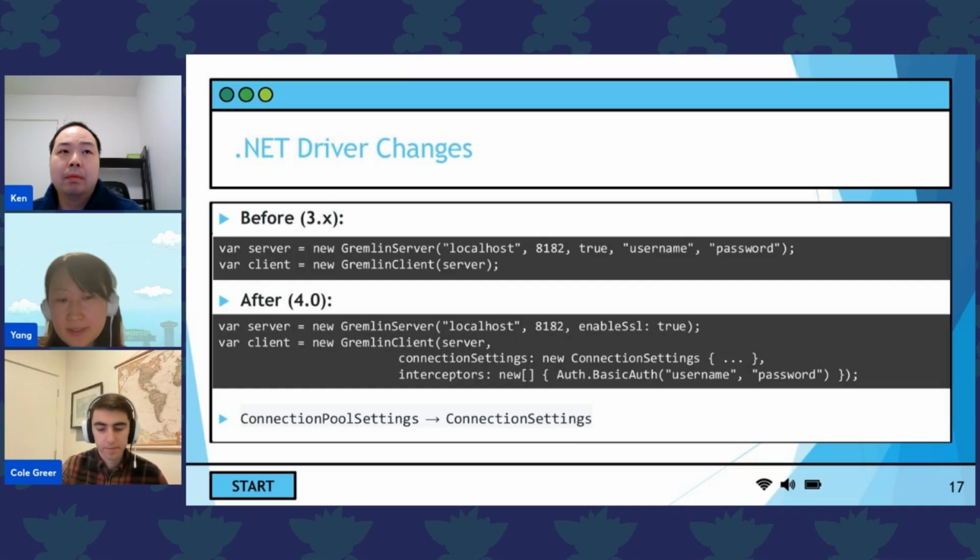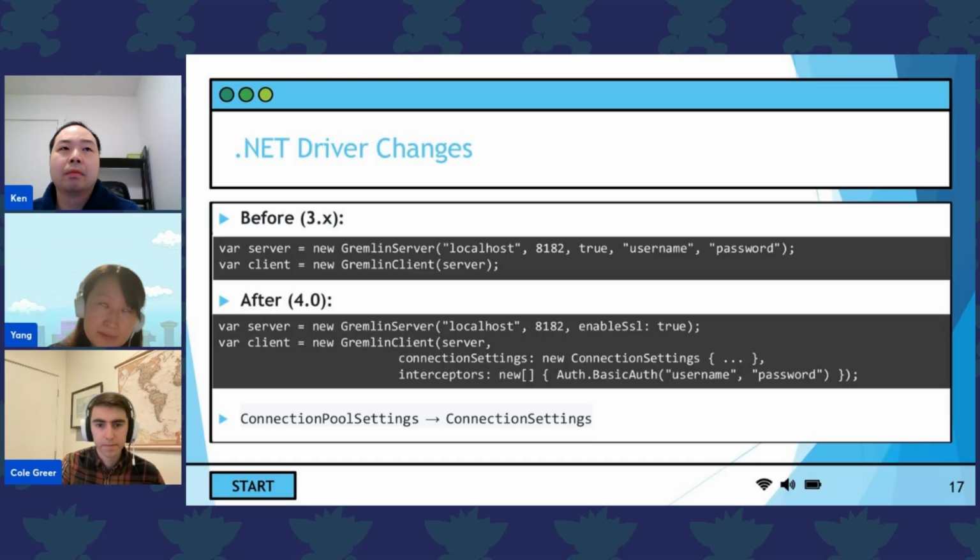Another thing is that because of the move to HTTP, we removed a lot of the WebSocket related settings as well, like connection pooling. Now connection pooling is managed by the socket HTTP handler, which is part of the native library in .NET. As such, some of the names for the classes have changed, and some of the settings themselves have changed.